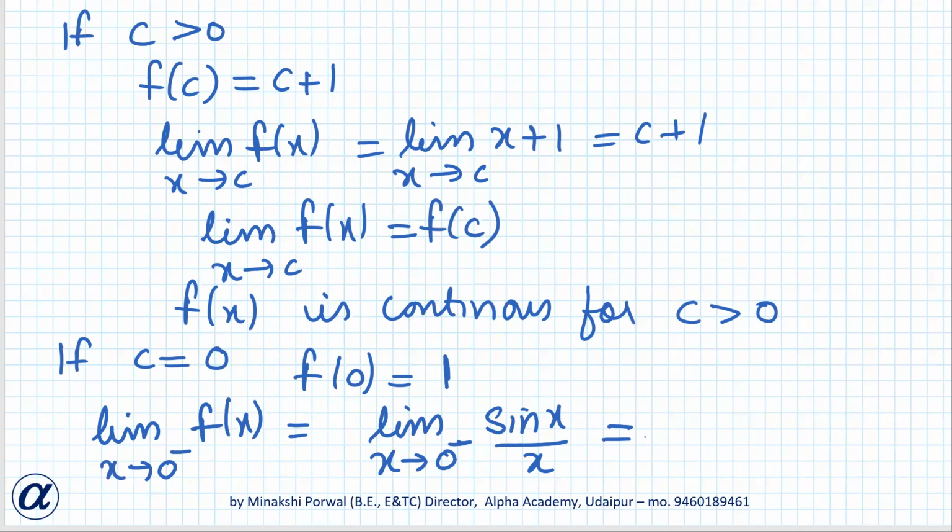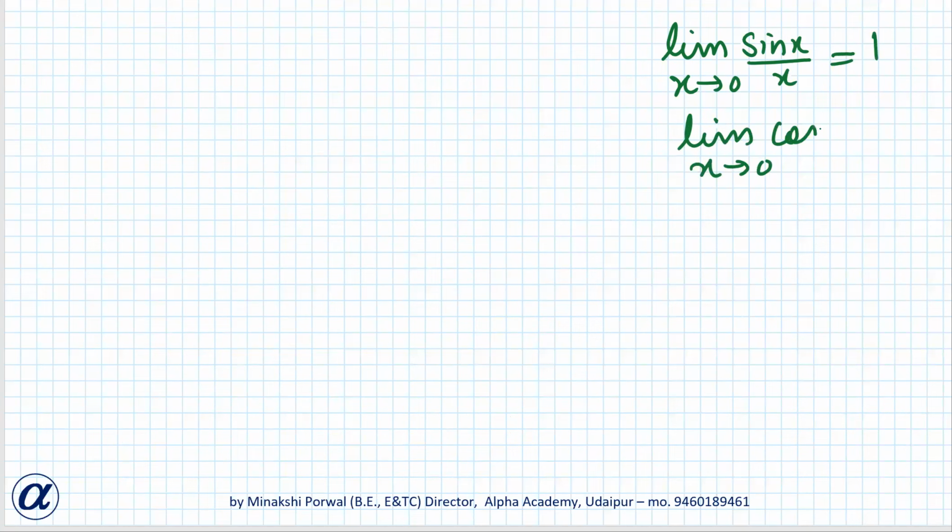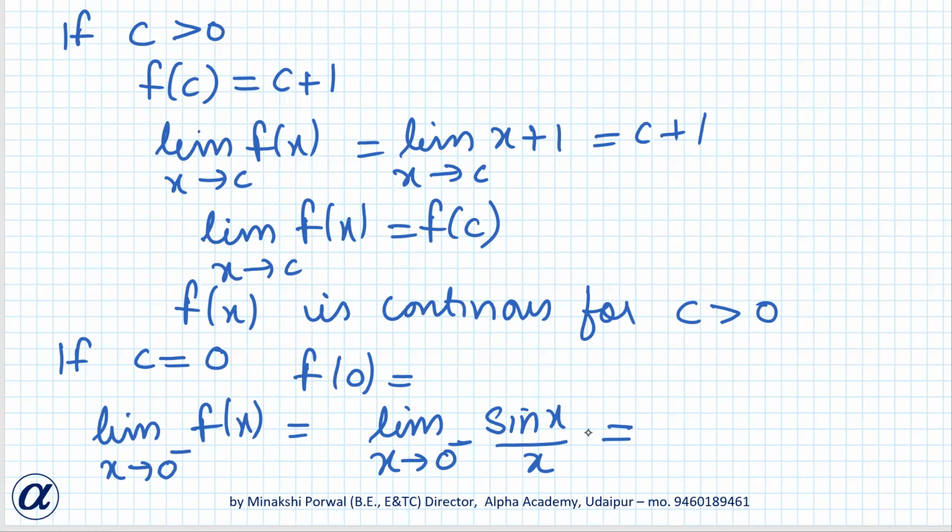This limit we have studied in class 11th. 3 limits पढ़ी थी class 11th में. Limit x tends to 0, sin x by x equals 1. Limit x tends to 0, cos x equals 1. And limit x tends to 0, tan x by x equals 1. So limit x tends to 0 of sin x by x will be equal to 1. This we have seen in class 11.